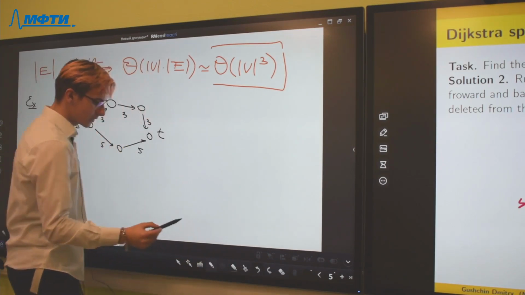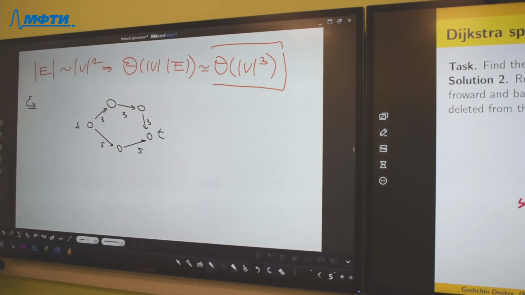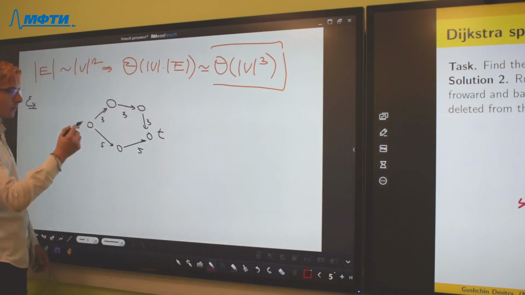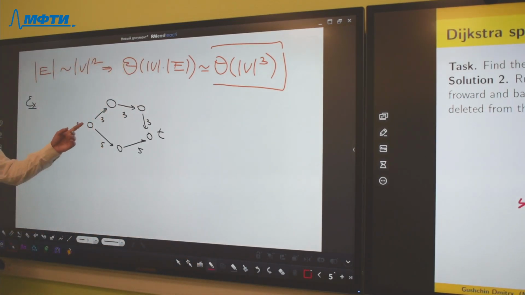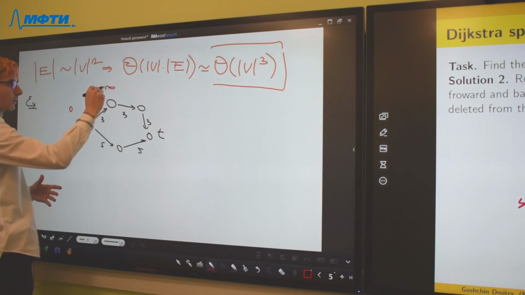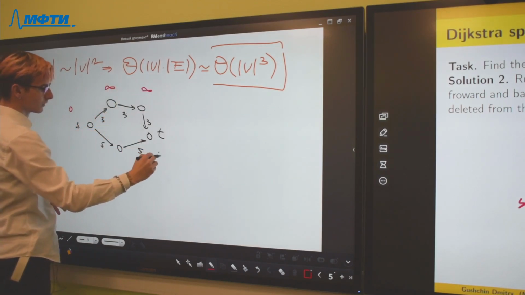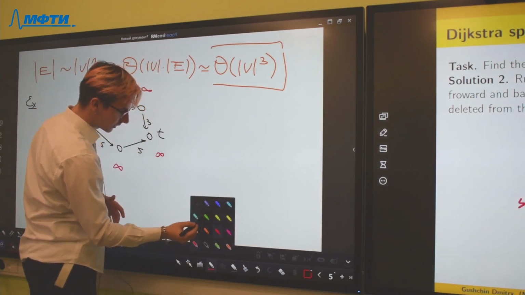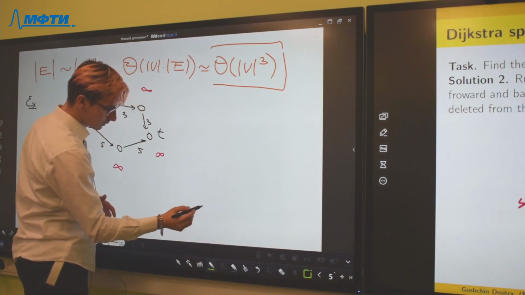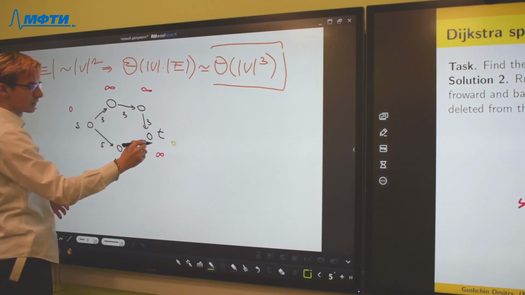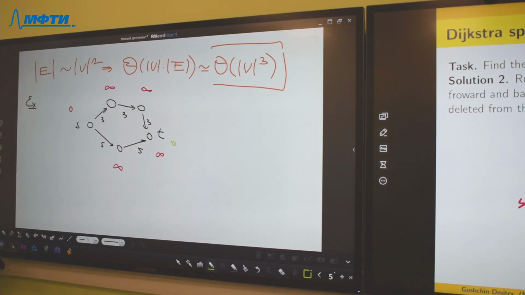Okay, so let's start Dijkstra's algorithm. I write red numbers as distances from S in the forward algorithm, and green numbers as the distance from T in the reverse graph.